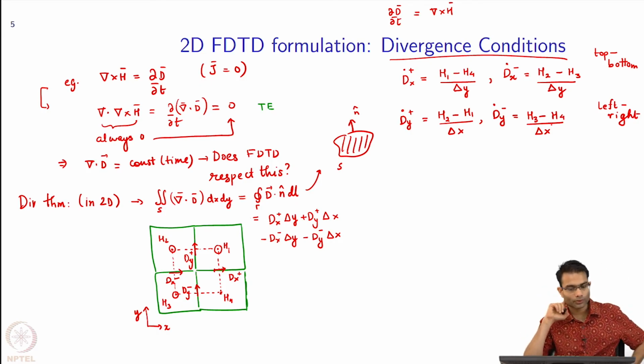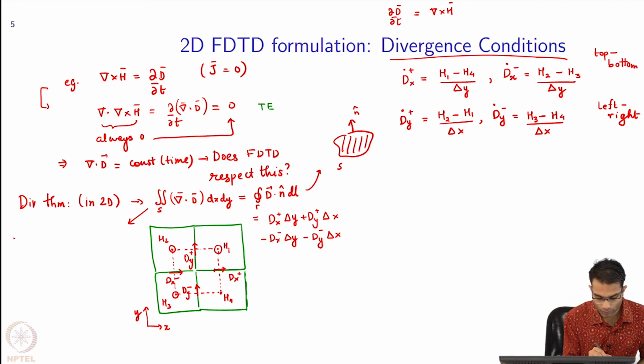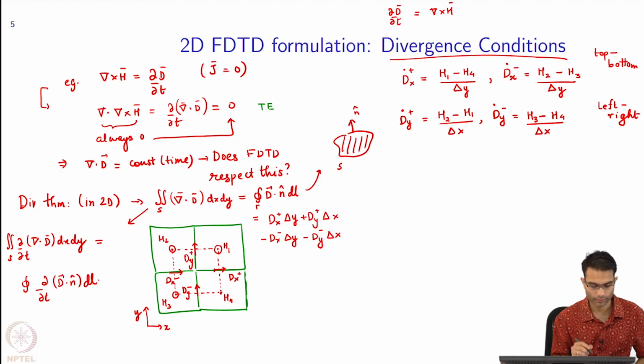Fine. So finally, what am I wanting to look at? Not this equation, but the time derivative of this equation, right? So what I want is, I have put a time derivative on both sides of this equation, and that will therefore be equal to the time derivative of... So what did I do over here?